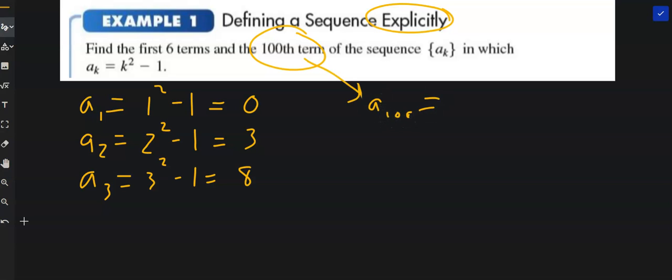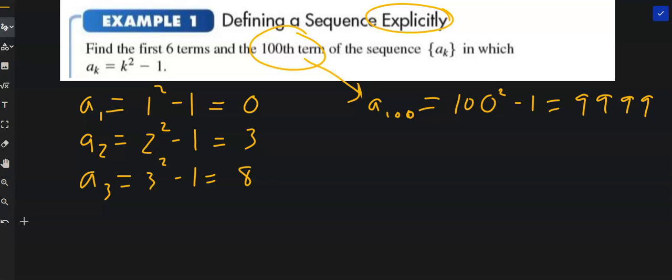100. This is why an explicit formula is really more useful to you, because you can find any term you want. A recursive pattern, which you also talked about last year, would require you to know, if you wanted to know the 100th term, the first term, the second term, the third term, the fourth term, the fifth term, the sixth term, the seventh term, all the way to the 100th term.